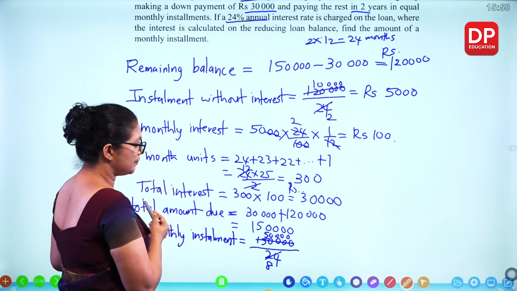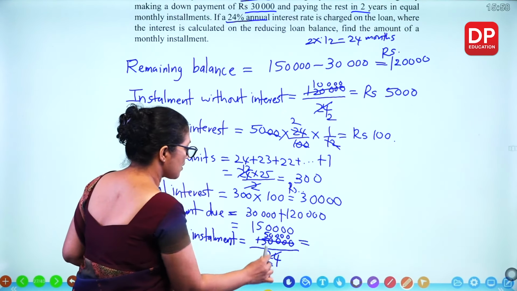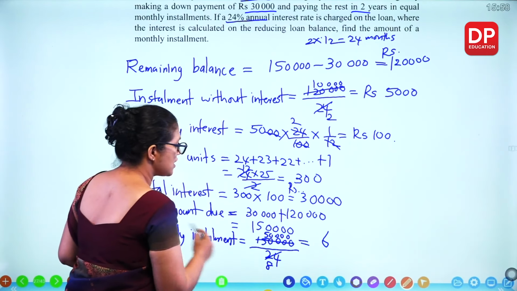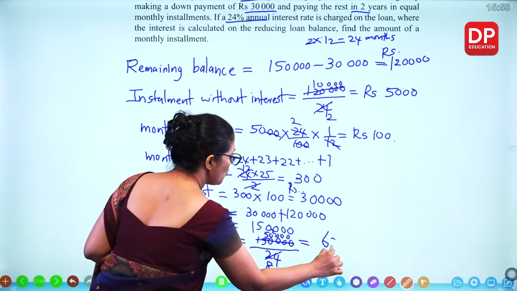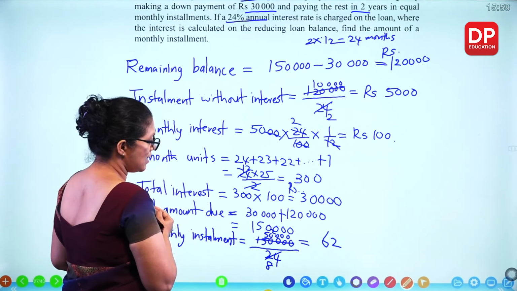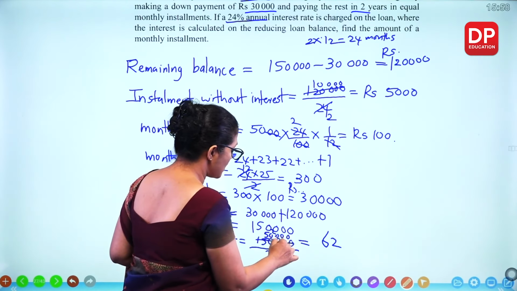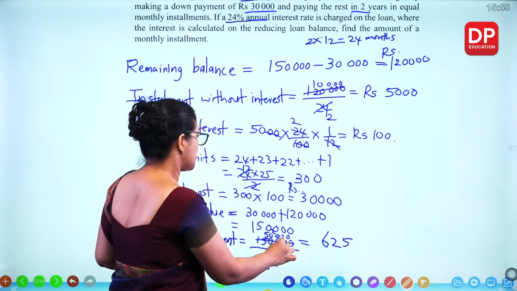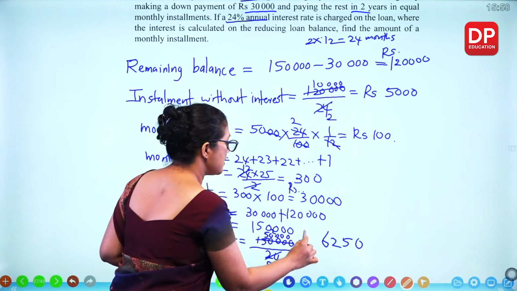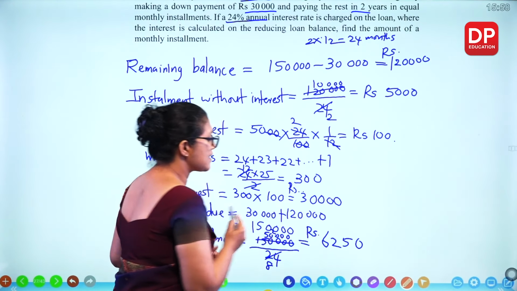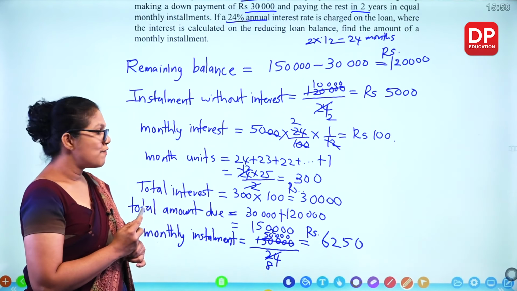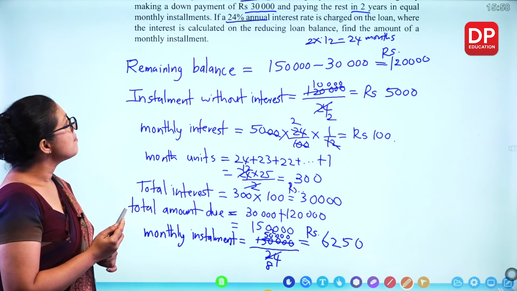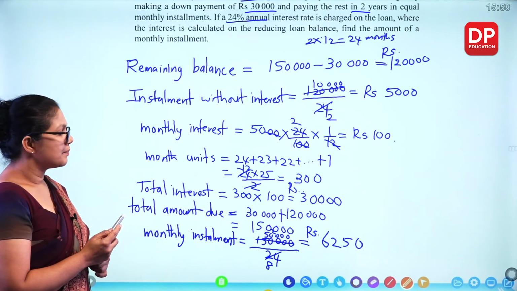Divide by 8. 48 for 20, that's 2. 16 for 40, that's 5. So 16. So you get another 0. So 6,250 rupees is the monthly installment.